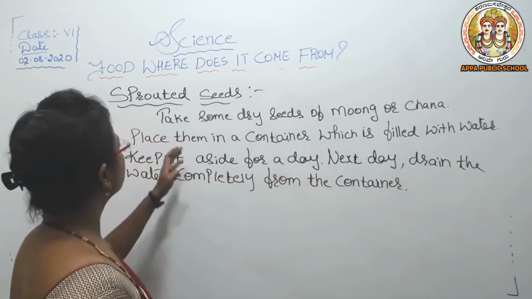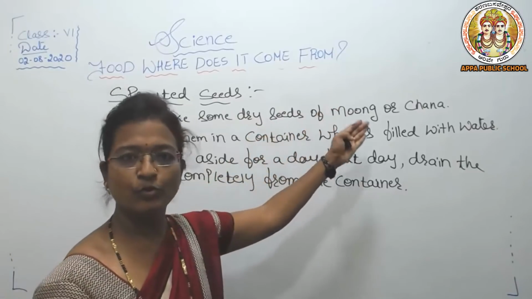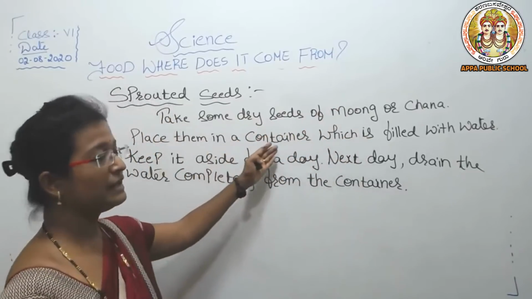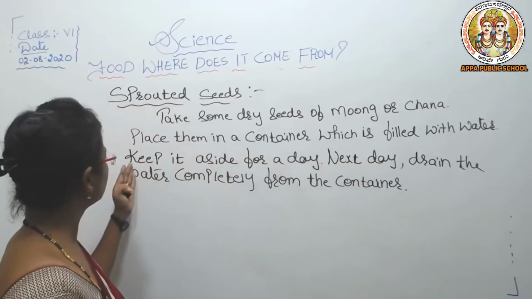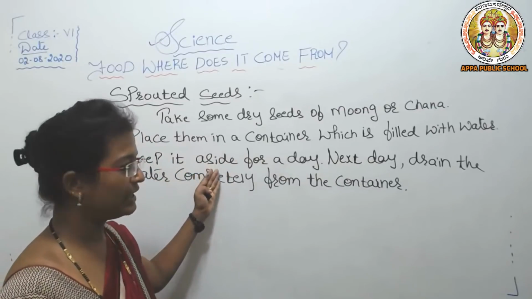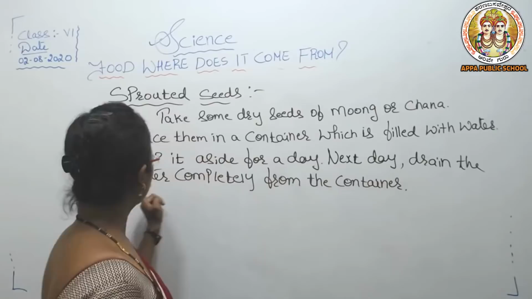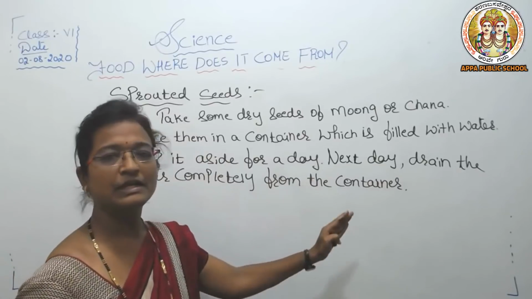So here what we did: we took some dry seeds of moong or chana, placed them in a container filled with water, kept it aside for a day. Next day, drain the water completely from the container.